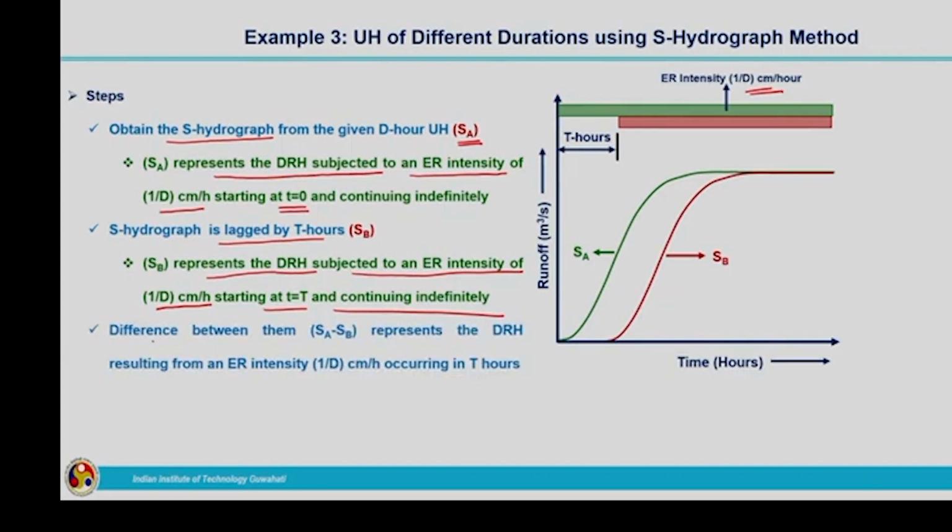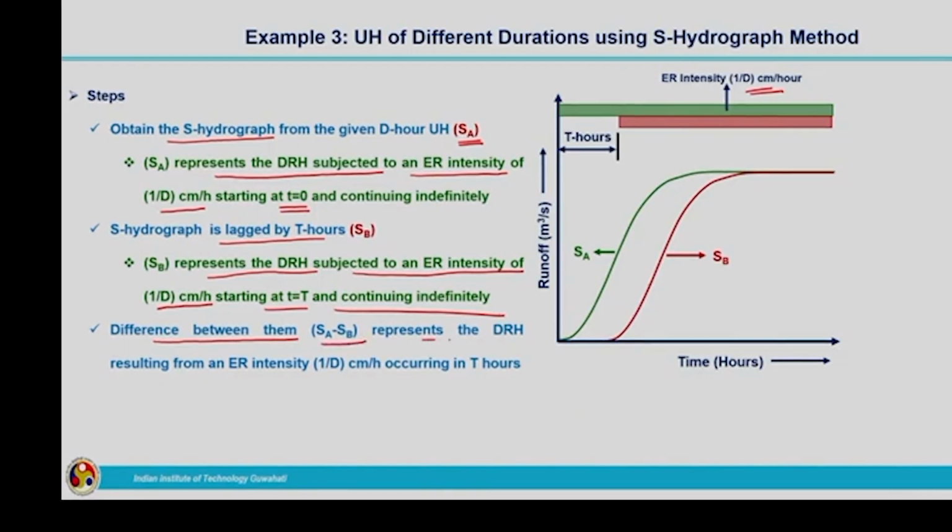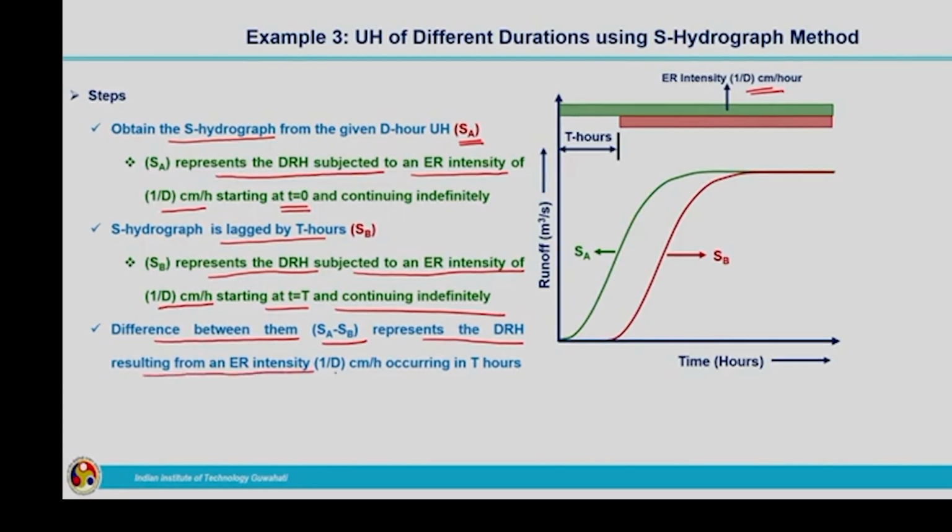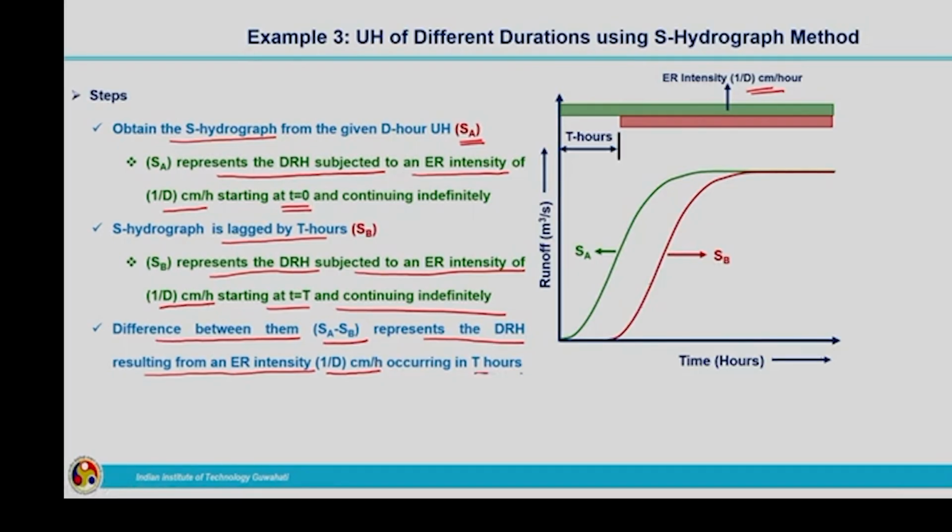Now we will be finding out the difference between them. SA minus SB is representing the direct runoff hydrograph, which is resulting from an effective rainfall having intensity 1 by d centimeters per hour, but you have to be careful, the duration corresponding to this is T hours. That is, we have found out the difference between SA and SB.